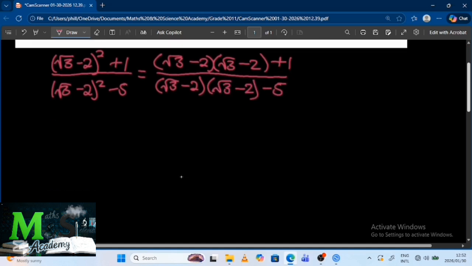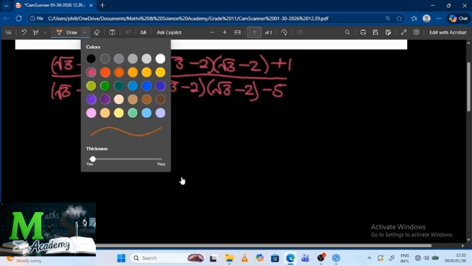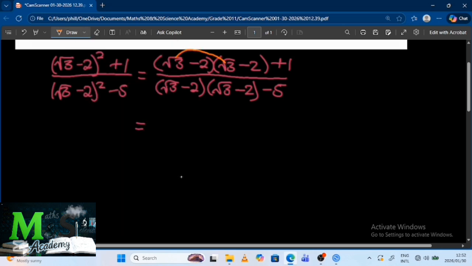Now we are going to simplify this by using the FOIL method. We multiply the root of 3 with the root of 3, giving us 3, then the root of 3 and negative 2, giving us negative 2 root of 3, also negative 2 with the root of 3, giving us negative 2 root of 3, and finally negative 2 multiplying with negative 2, giving us positive 4, then plus 1.